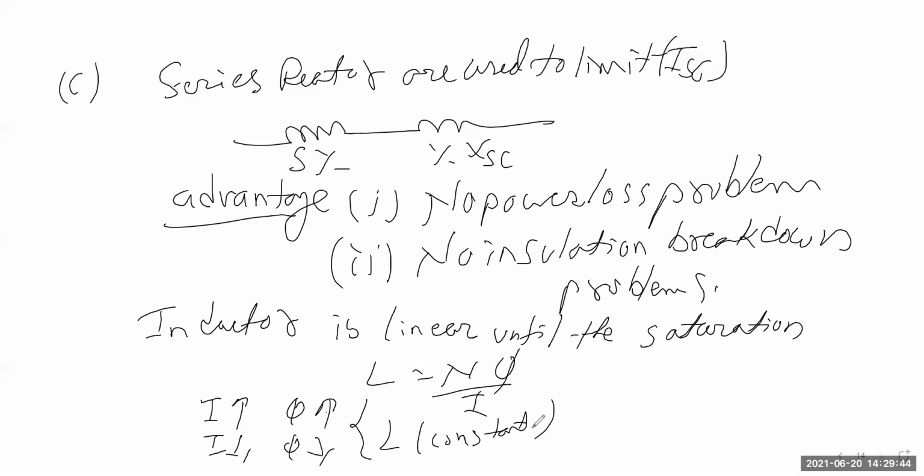Capacitor is linear until the breakdown of insulators takes place. But due to short circuit, there will be a heavy voltage drop at C, and there will be chances of breakdown. Because of that, we do not consider it, right?